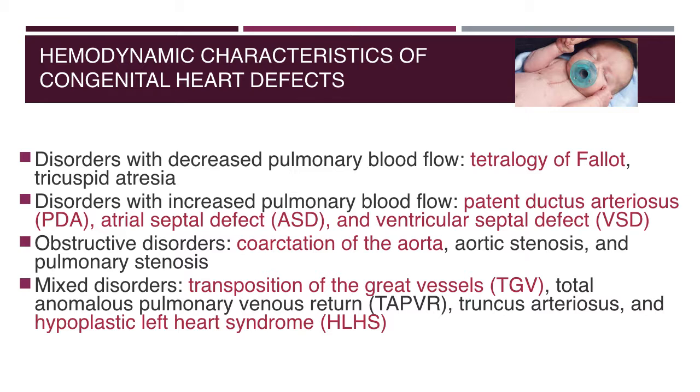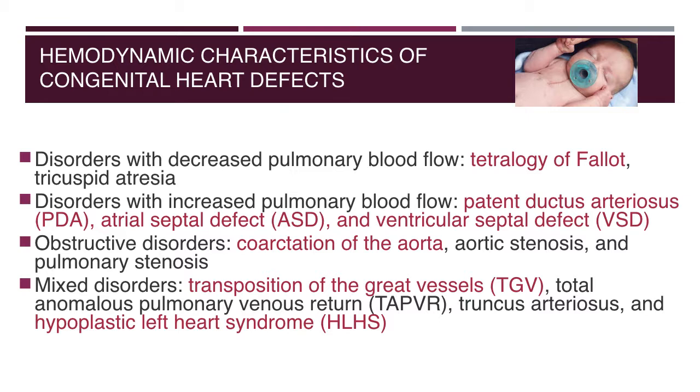But I can tell you that nurses are still referring to heart defects as cyanotic and acyanotic. So disorders that have decreased pulmonary blood flow are things like tetralogy of Fallot. If you have decreased pulmonary blood flow, that means you're going to have decreased oxygenation and you're going to be blue.